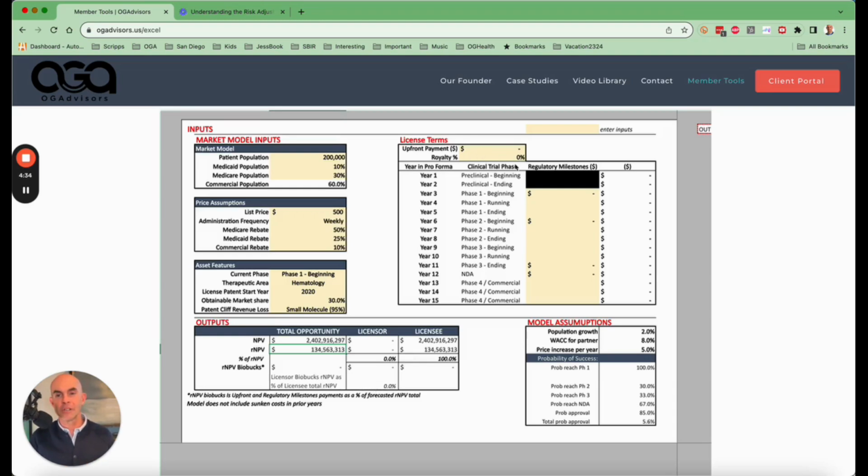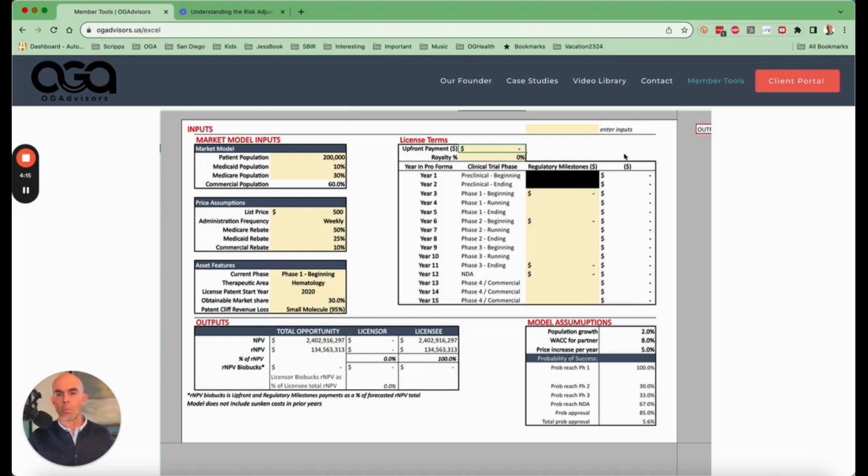So here is where we put in, and we have a lot of creativity in putting the license terms together. A good rule of thumb is that the licensor and the licensee should share the overall opportunity to the tune of about 80% to 20%.